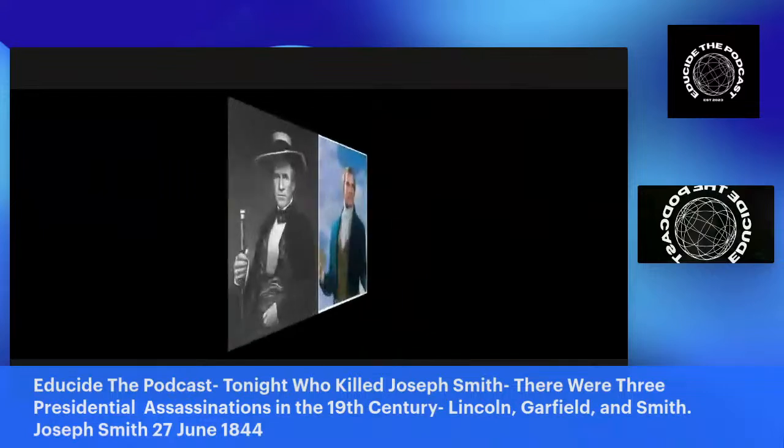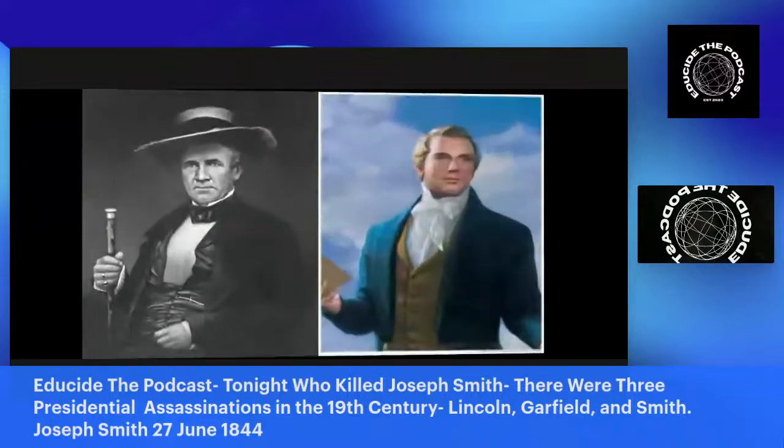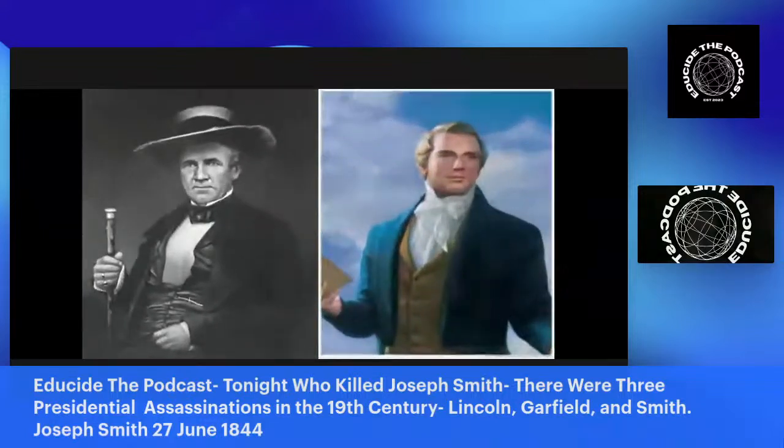Here you have two pictures or two drawings. One on the left is President Sam Houston. The one on the right is President Joseph Smith. Both would have been strong leaders in Texas for staying in the Union.